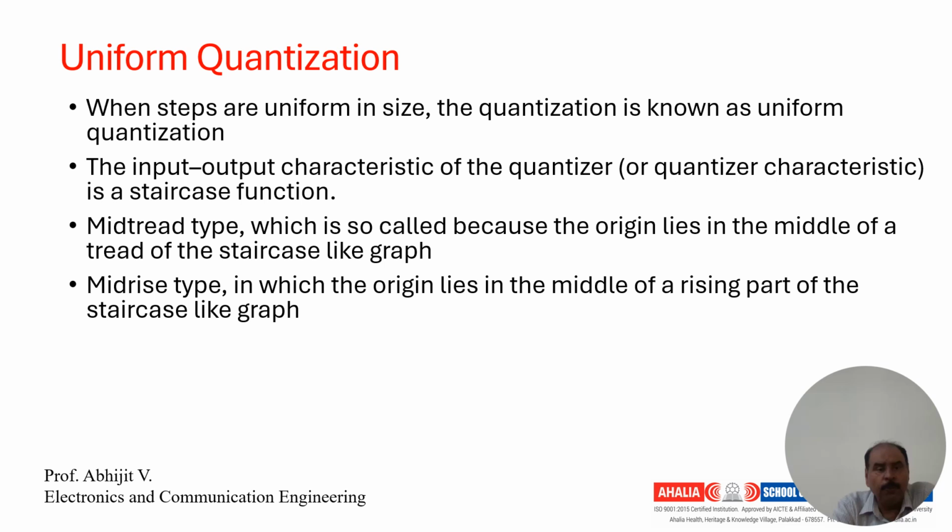So if P denotes the average power of the original message signal m(t) that has to be transmitted, the output signal to noise ratio of the uniform quantizer is given by SNR_O equal to P by sigma Q square, that is 3 P by M max square into 2 raised to 2R.